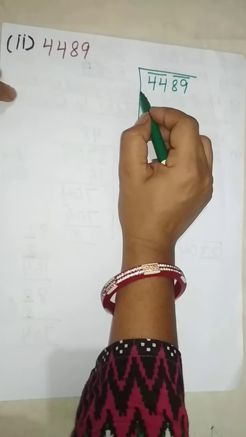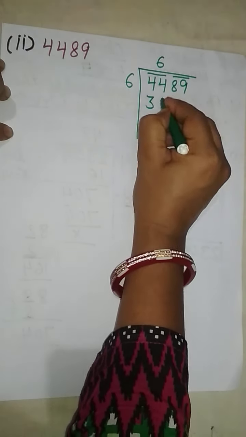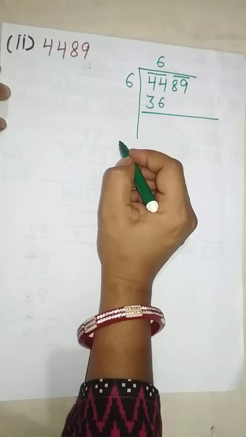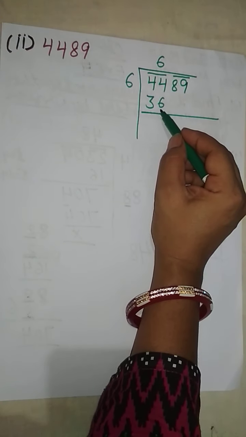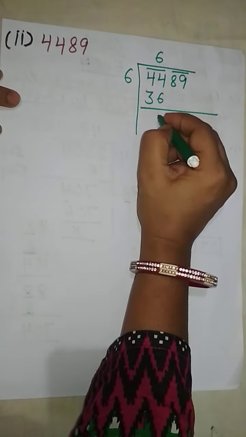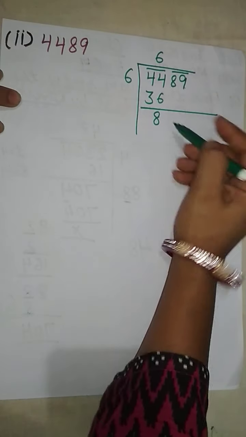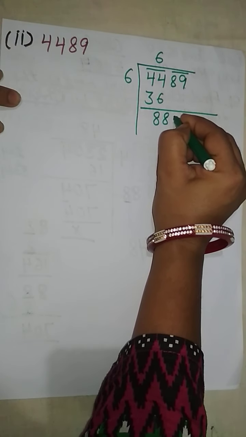So we will take here the square of 6, that is 36. 44 minus 36 is 8. Now I'll take the pair forward, carry 89.